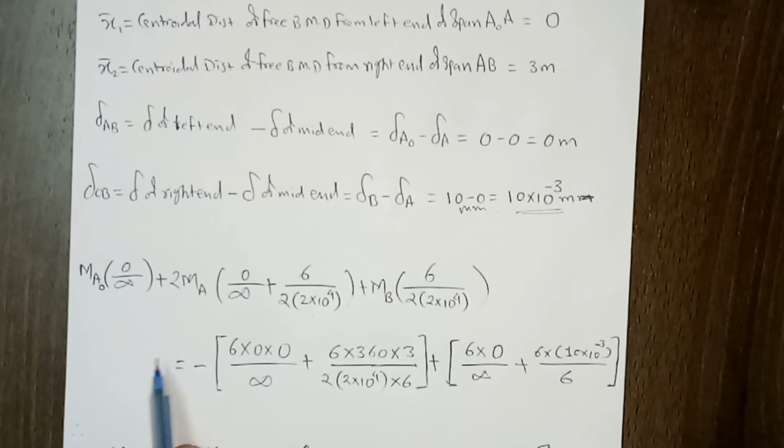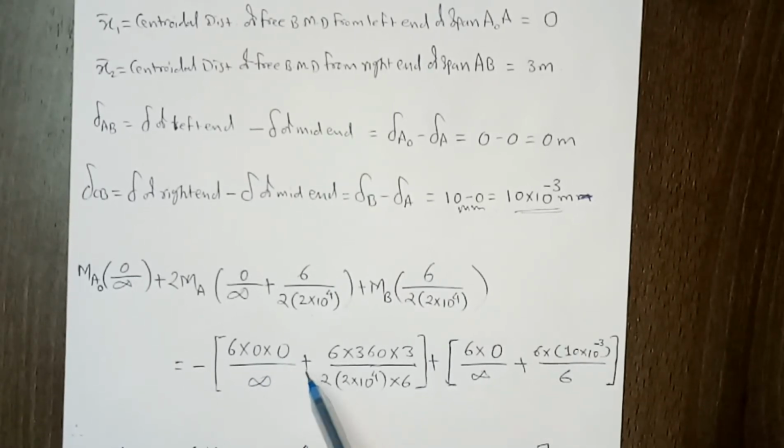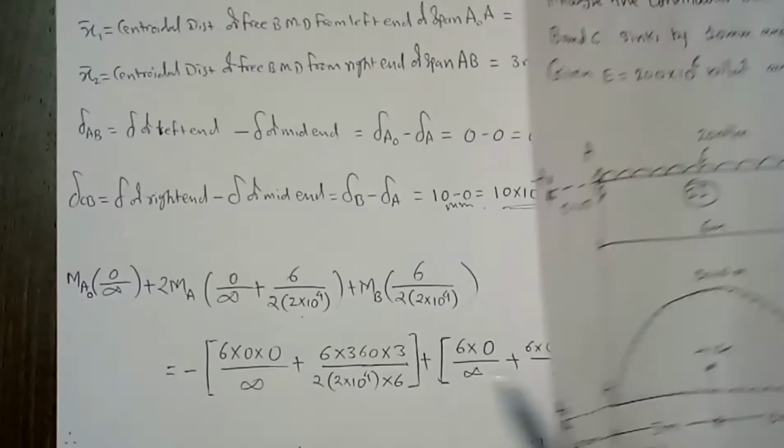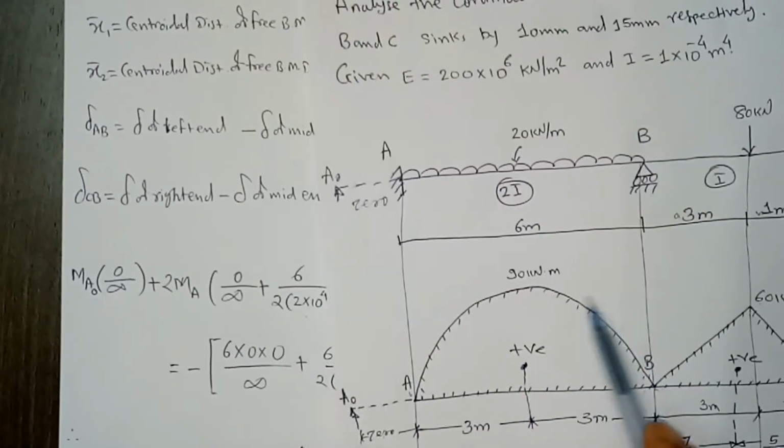Then the right hand side of this equation: minus 6 multiplied by A is 0, this x is 0, divided by infinity, plus 6 into the area of the second bending moment diagram. So here it is the area of this parabolic diagram.